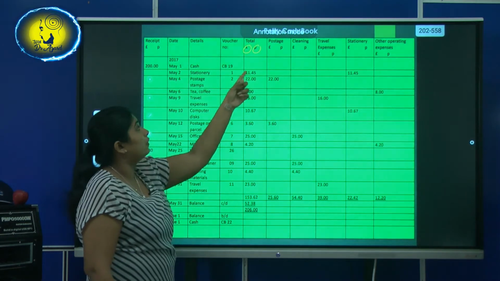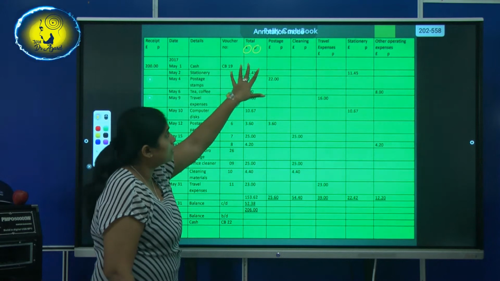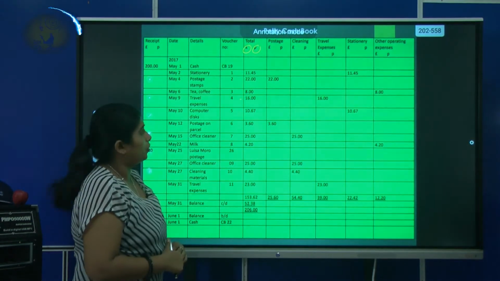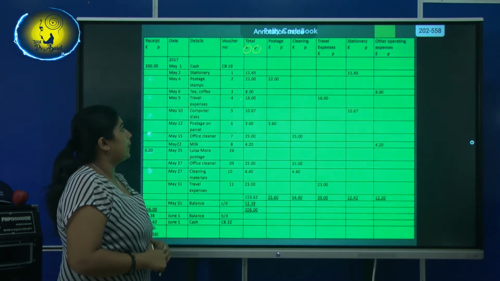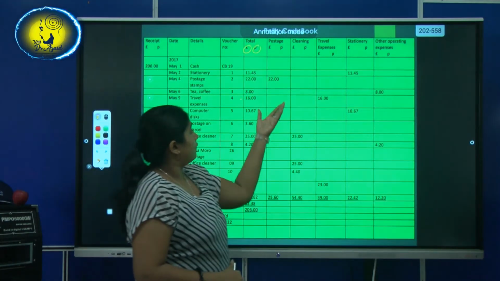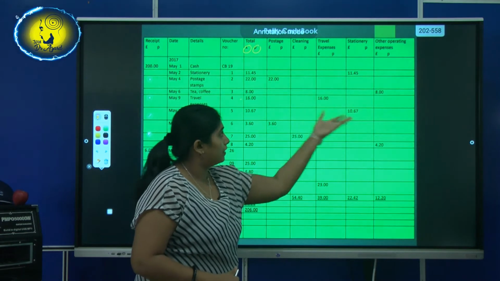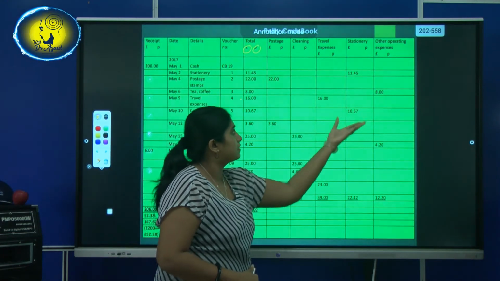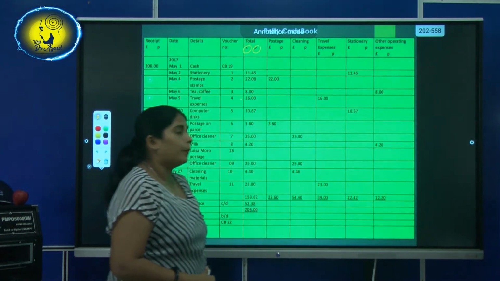So first you have to remember, you write the amount in the total column, then in the particular related column. This one they have spent on stationery. I have taken 5 analysis columns: postage, cleaning, travel expenses, stationery and other operating expenses.